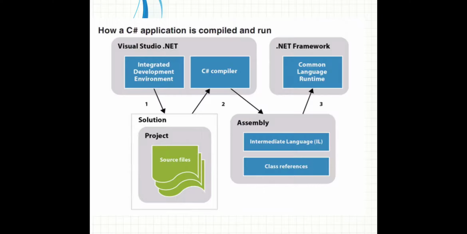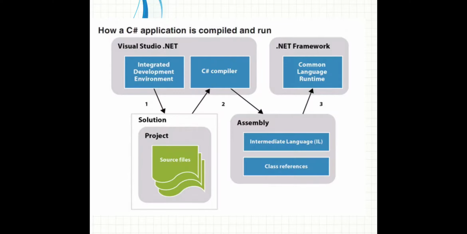In Visual Studio .NET, the IDE, that is Integrated Development Environment, is often referred to as Visual Studio also, even though the name is also used to refer to the entire suite of products including the .NET framework.